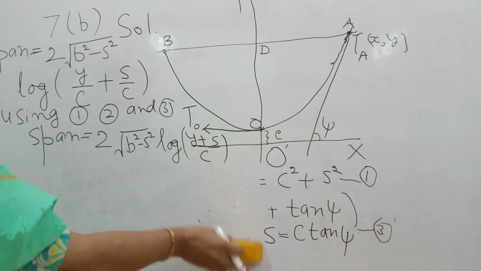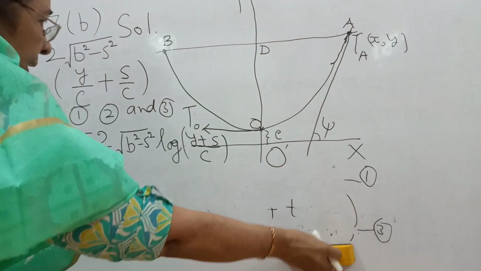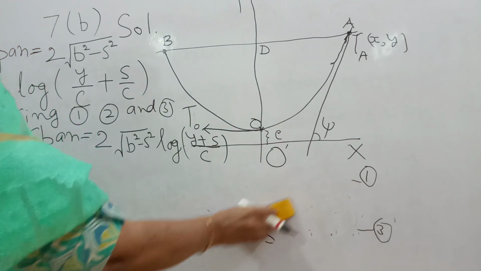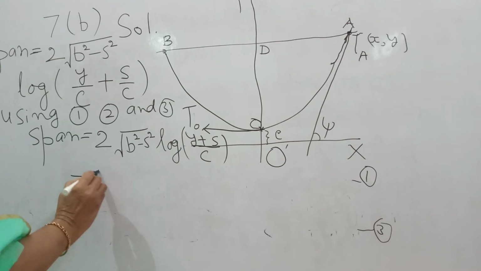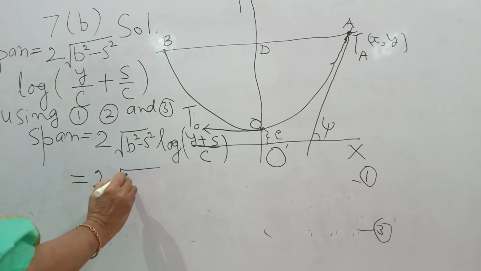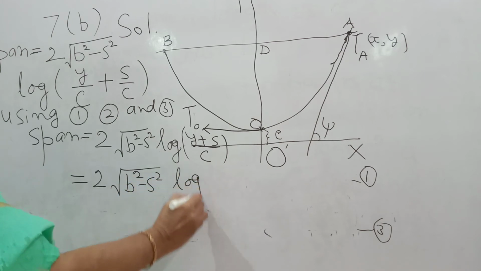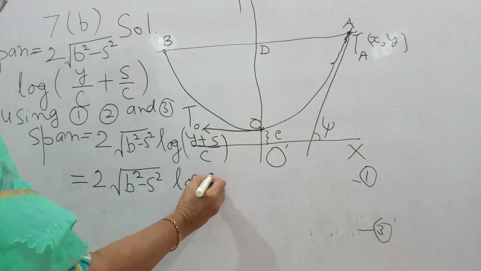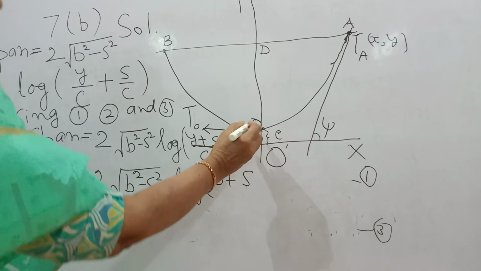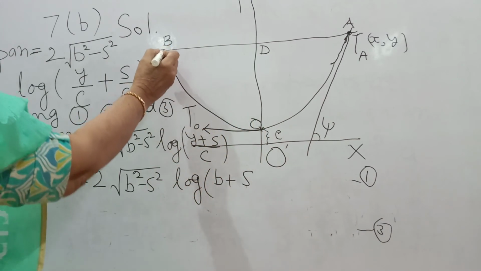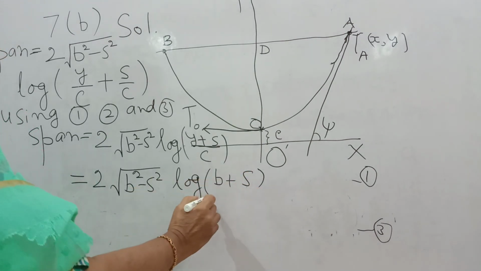Now let us put for y, let us put for S also, because it is already given. Y is our B, S is our S. S means this length is S. This whole is 2 times S divided by C.